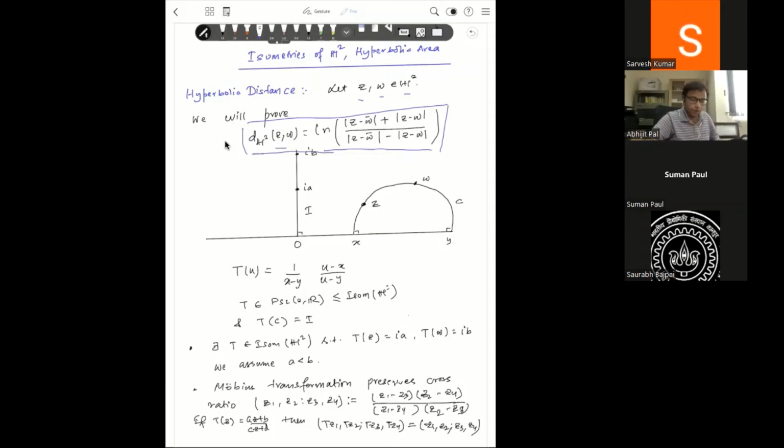Fine. So we have already checked this. If I put Z equal to iA and W equal to iB, and take A less than B, what do you get from the right hand side? Are you getting log B by A?